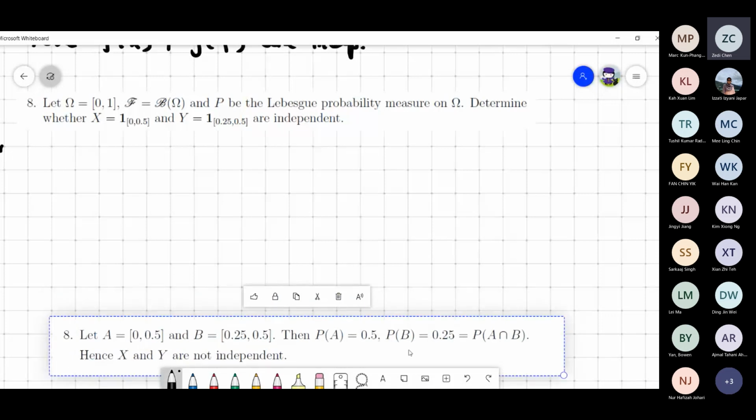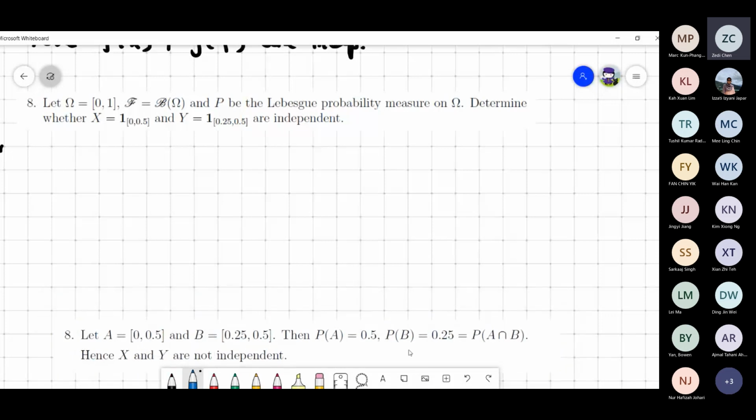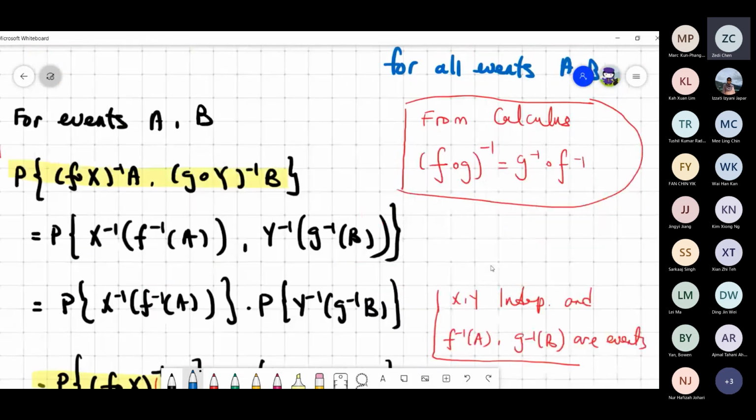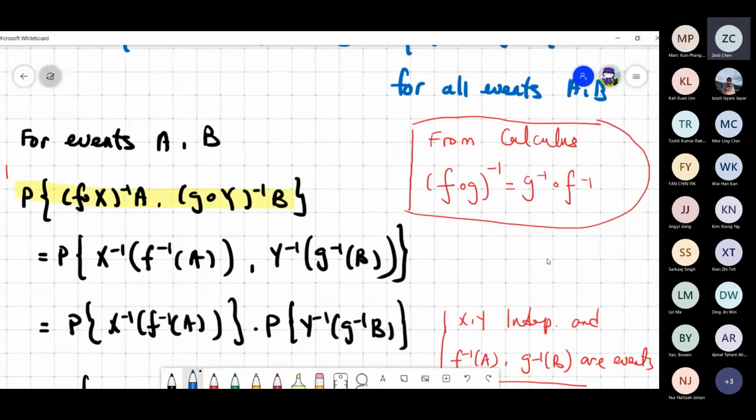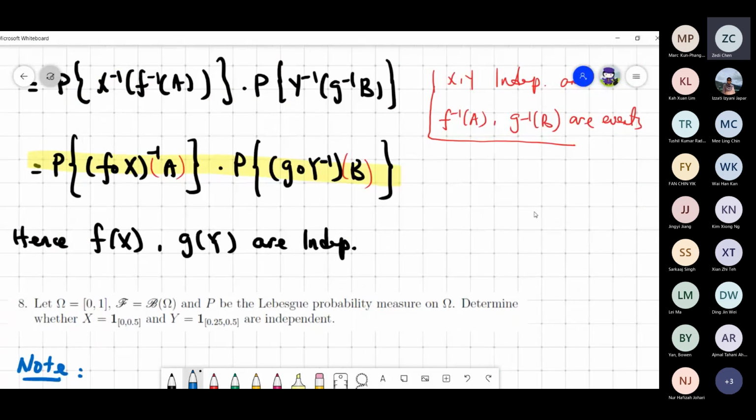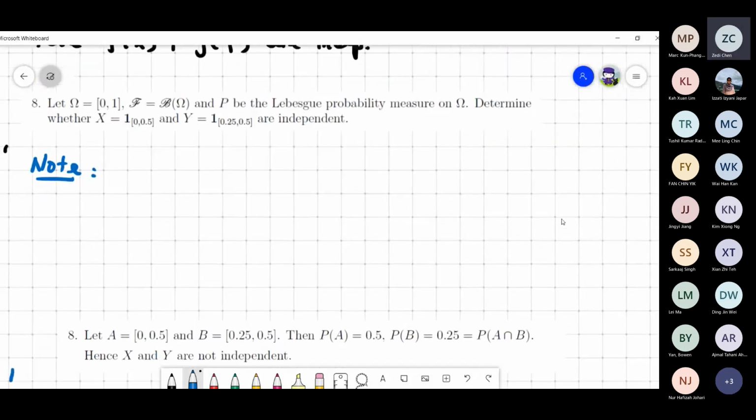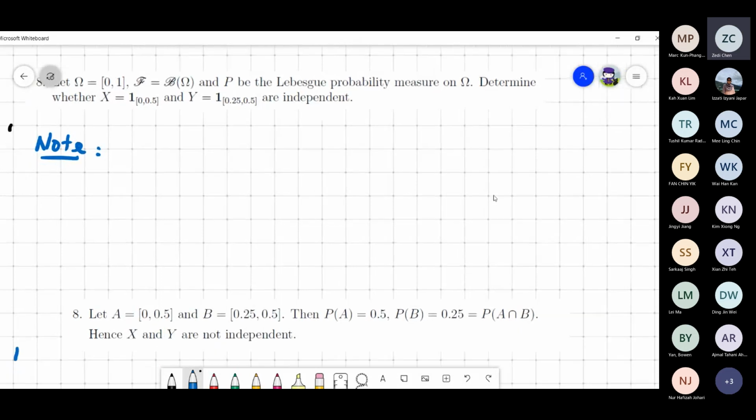Just a remark for you guys: when we consider general random variables X, Y, it is more complicated. In general, we can use the PDF, the density function for X, Y, or look at the distribution function for X, Y to verify it. When we come to indicator functions, we have a relatively easy way to verify it.